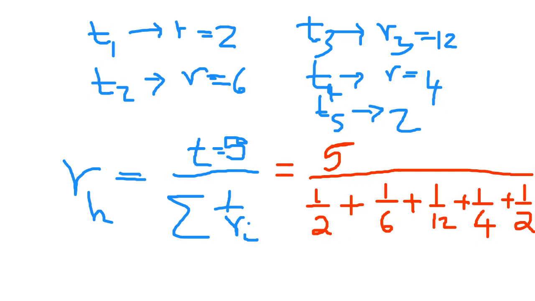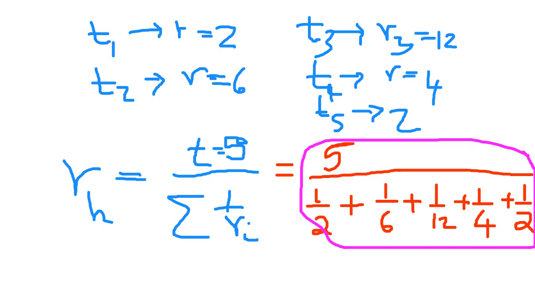That's how you proceed if the problem is not balanced. The only difference is that you must first find the harmonic mean.